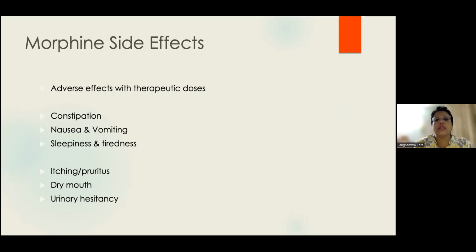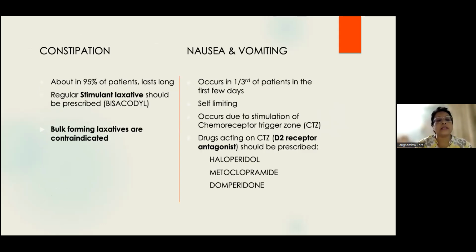So coming to side effects of morphine, adverse effects with therapeutic doses. You must know about constipation, nausea, vomiting, sleepiness, tiredness, etc. Other adverse effects are itching, pruritus, dry mouth, and urinary hesitancy. Constipation: about 95% of patients land up in constipation with oral morphine, and it generally lasts long.